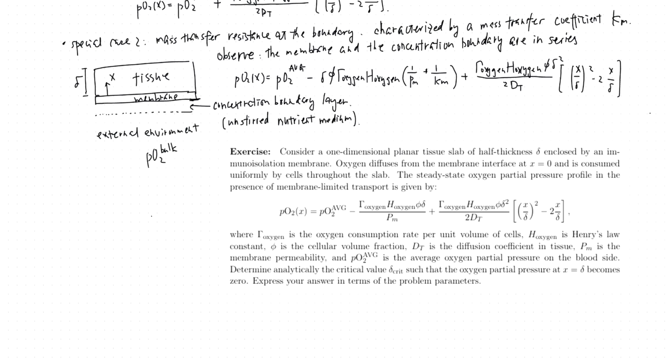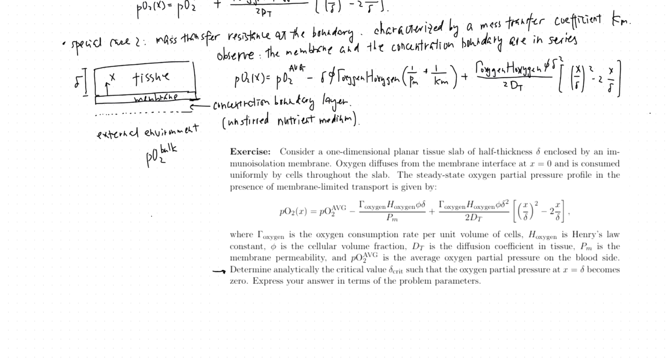Now the rest of it is just explaining the symbols. It asks you to determine analytically the critical value, delta critical. Basically, figure out the critical half thickness of the tissue such that the oxygen partial pressure at x equal to delta, at the middle line, becomes 0.